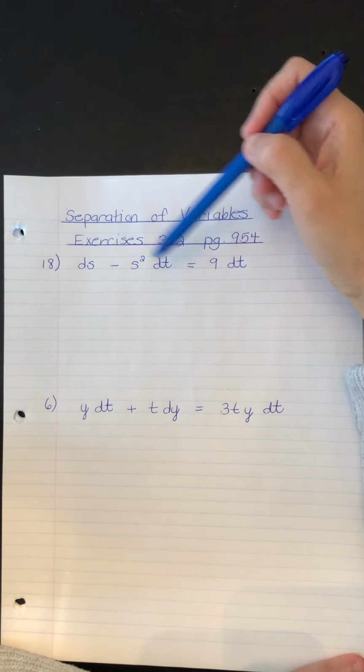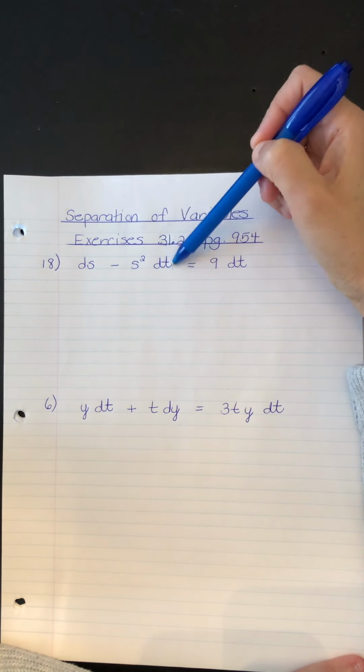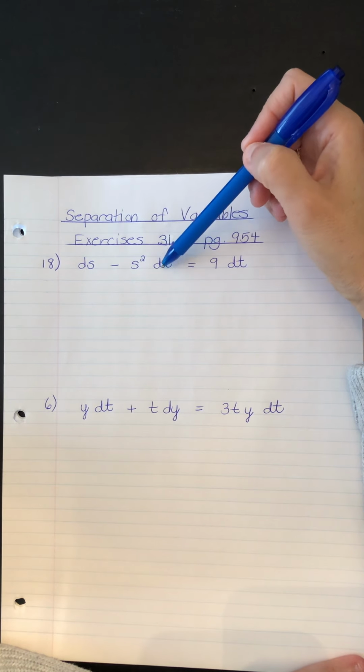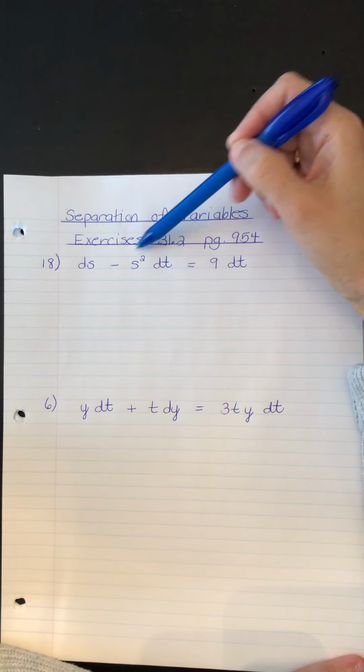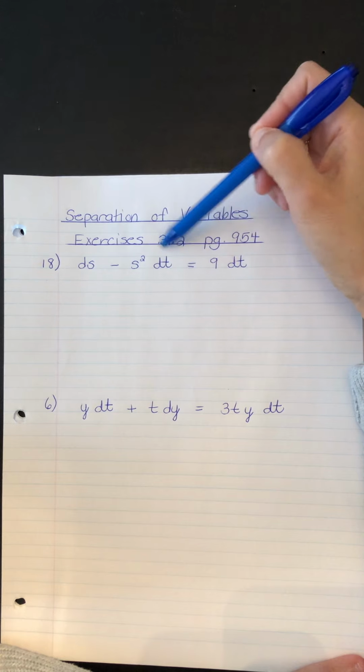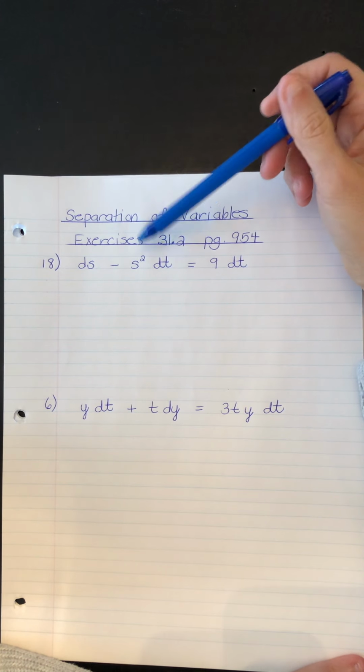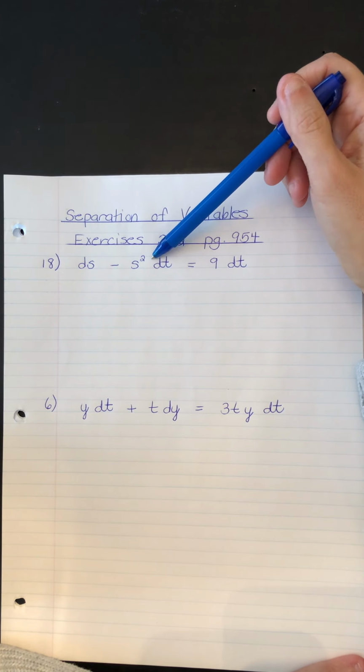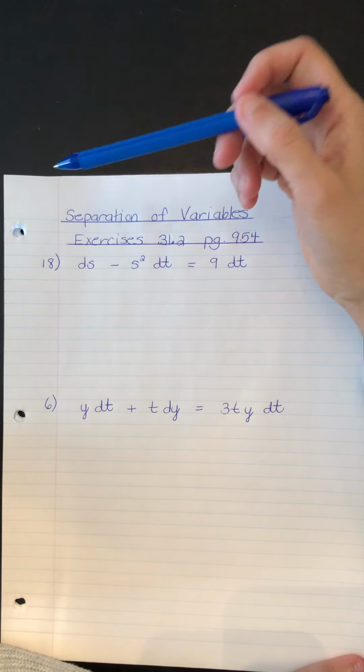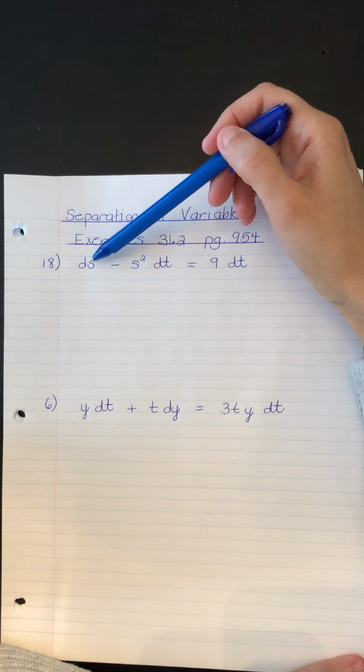So we can look to correcting this by dividing all terms by s squared. So would that strategy work? If I divided this term by s squared, it would just be dt, and that would be fine. If I divide this term by s squared, we would have ds over s squared, and that would be fine.